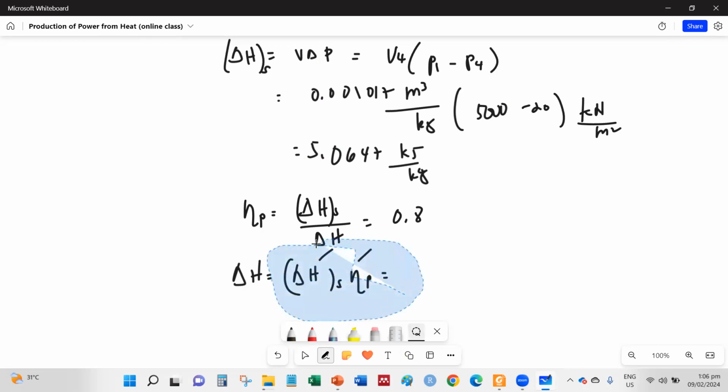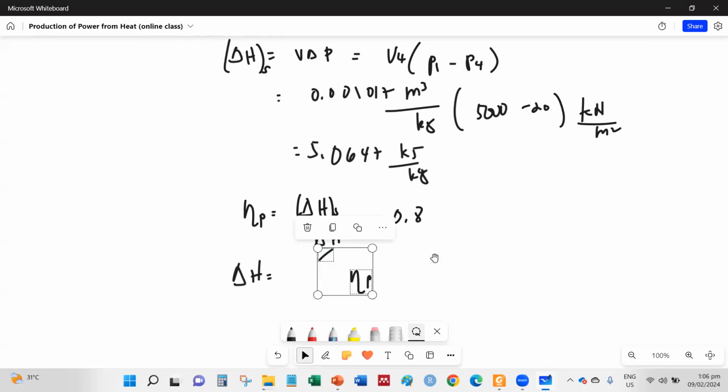Sorry about that, guys. My transformation of the equation was wrong. Delta H is delta HS over the efficiency of the pump.